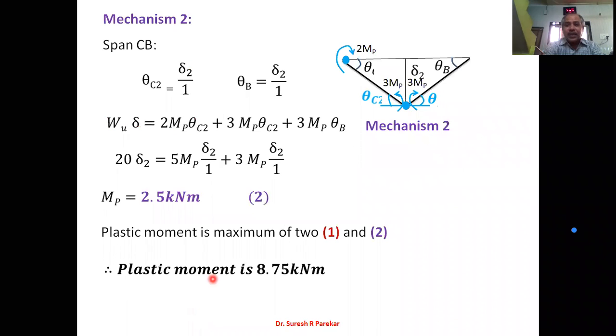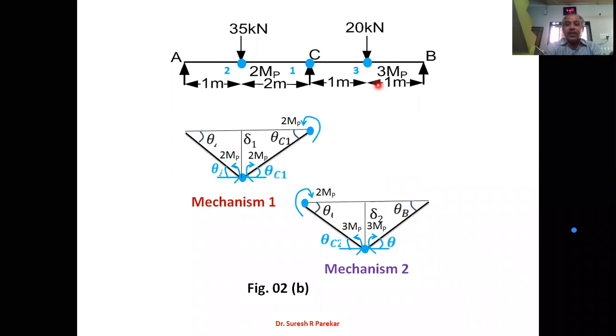Now we will go for the second mechanism, which is for span CB. Now theta C2 is delta 2 by 1, and theta B is also delta 2 by 1. Here you can see we have this as 1 meter, this as 1 meter. Symmetrical we have, and this is under the load delta 2. We have this value 2 MP, here 3 MP, here 3 MP.